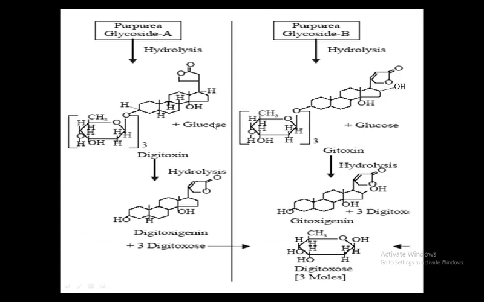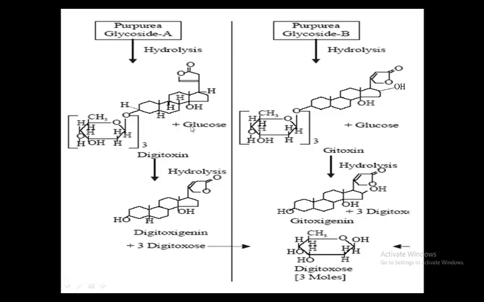This is just for your better understanding. I have represented the hydrolysis scheme of both types of glycoside. So just see purpurea glycoside A on hydrolysis. The first hydrolysis gives digitoxin and 1 glucose molecule.